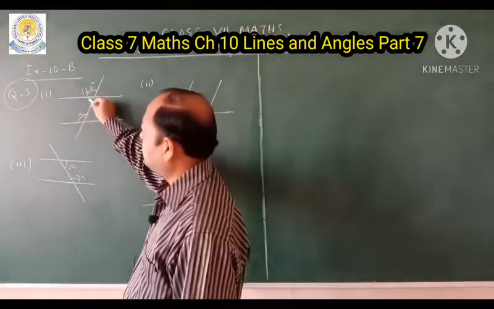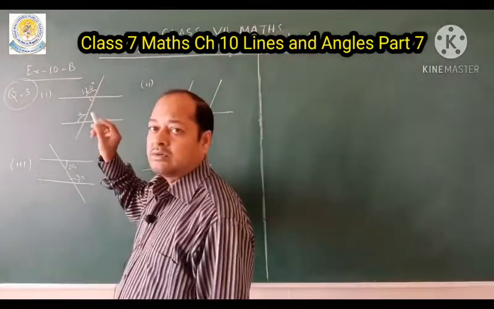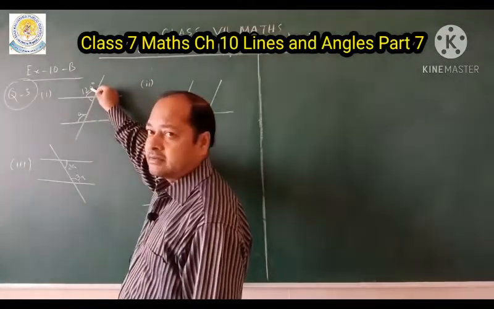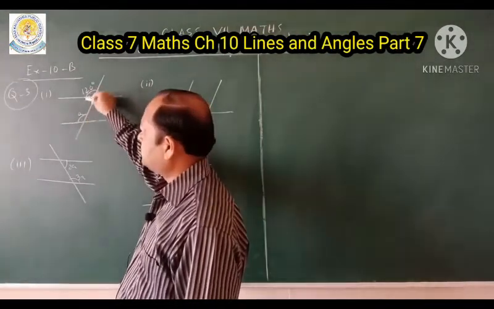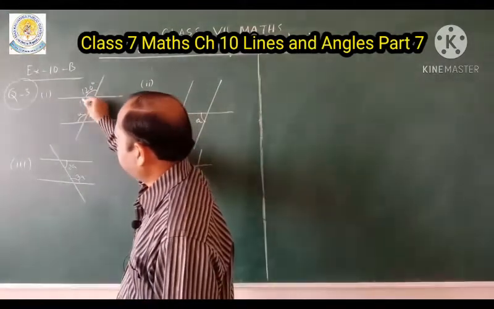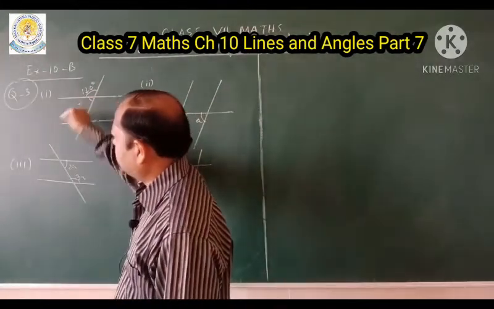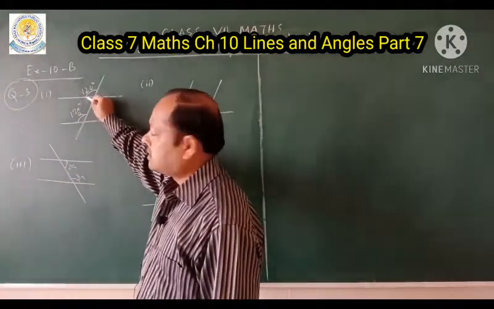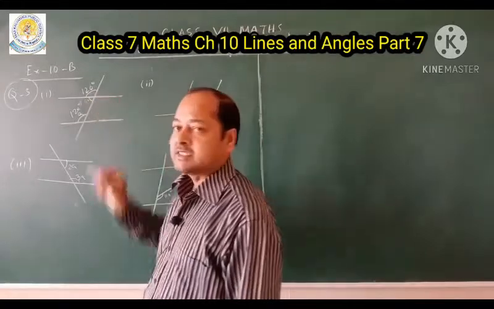So here A plus this angle equal to 180 degree, and A equal to 120, because A is the same as this, these are corresponding angles. So this angle will be 120 degree and this other angle will be 60. So 120 plus 60 will be 180.